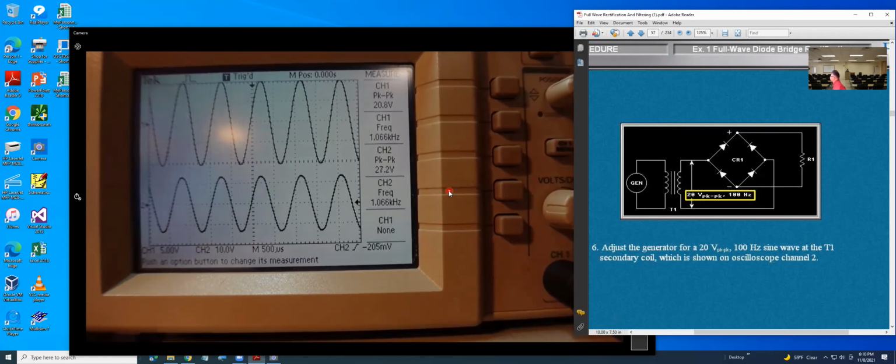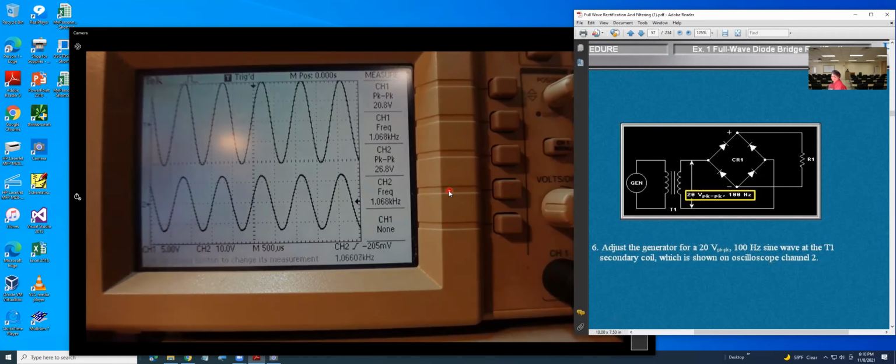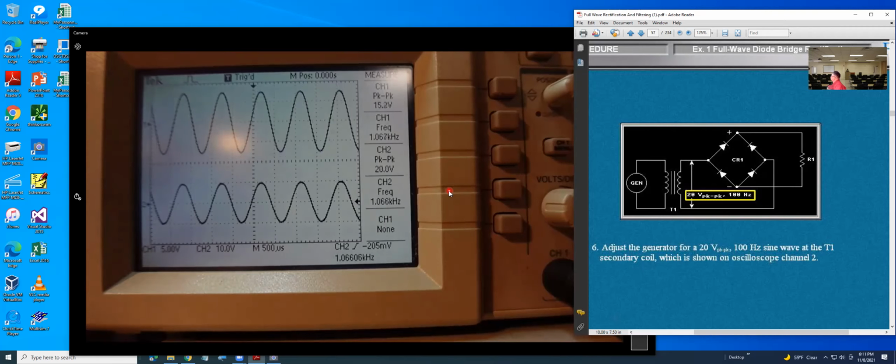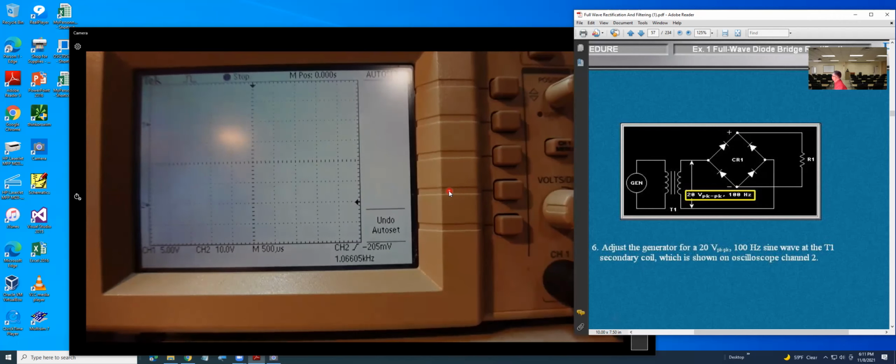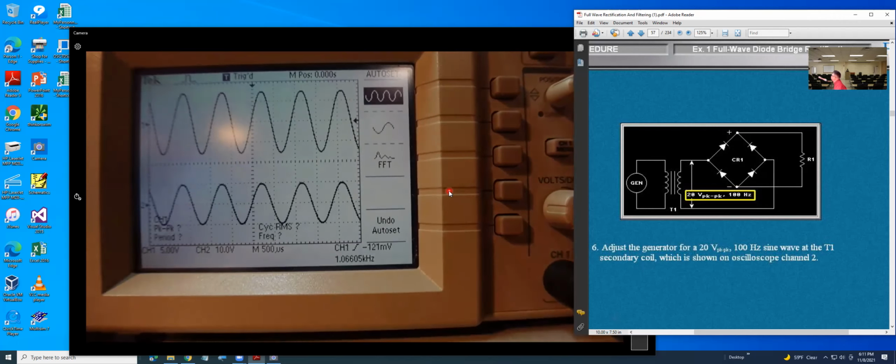Right now 27, going down, 22. Okay, 20 volt. Auto set measure, maybe make sure we get that.